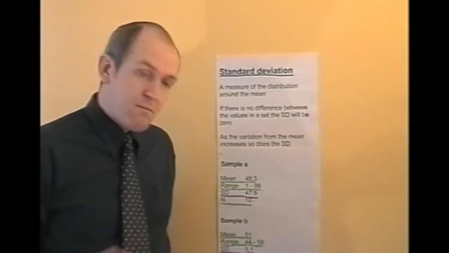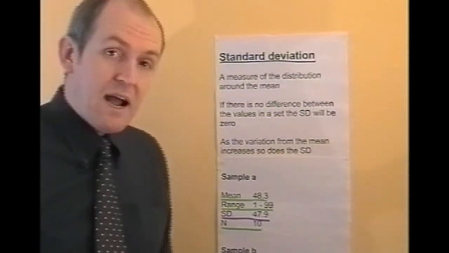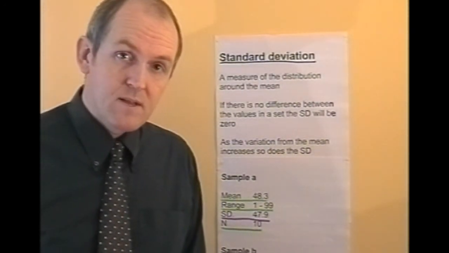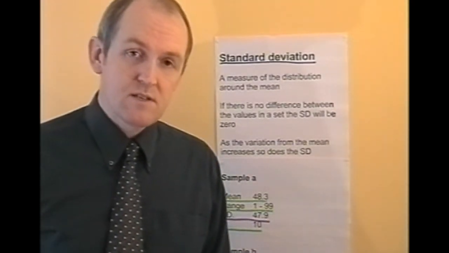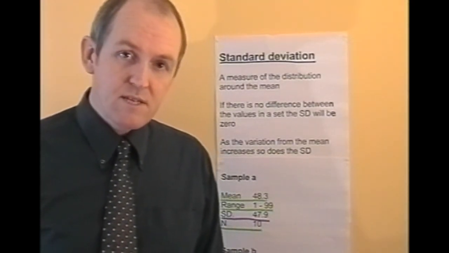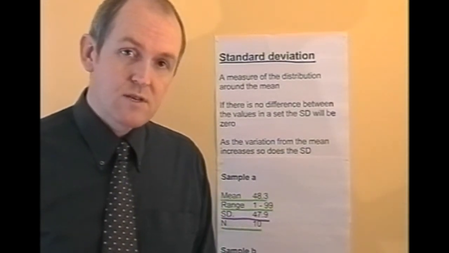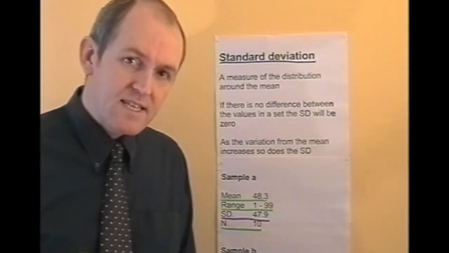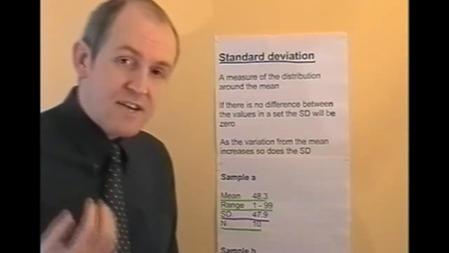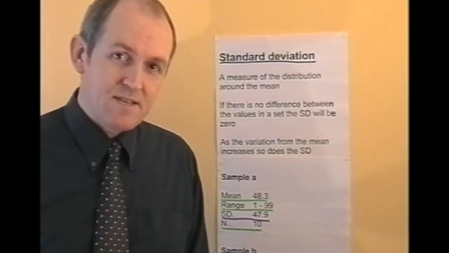The researcher should give the mean, the range, the standard deviation and the number. Now if this is done, then that's good descriptive statistics. If any of these are missing, then the research could be criticised on those grounds because it's not giving you the information you need to assess the attributes that you'd like to assess of the particular data set.